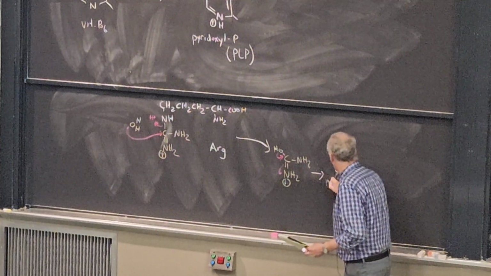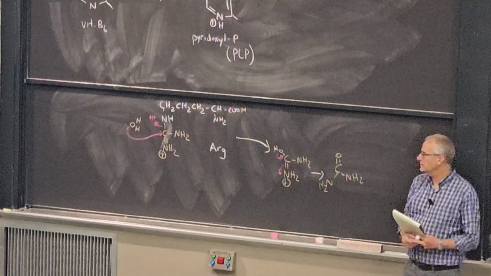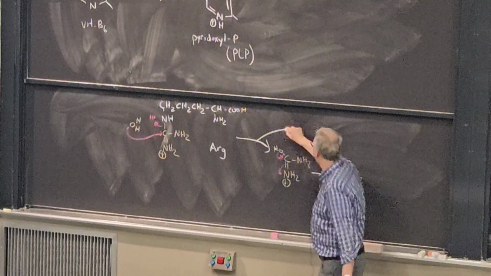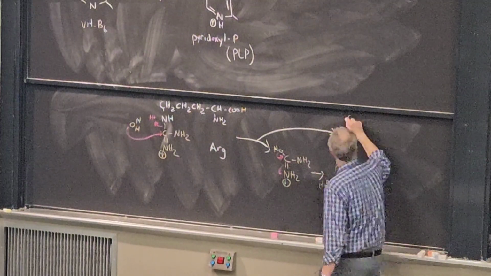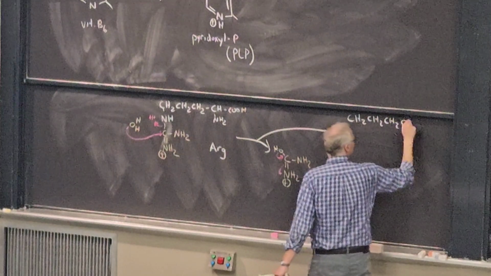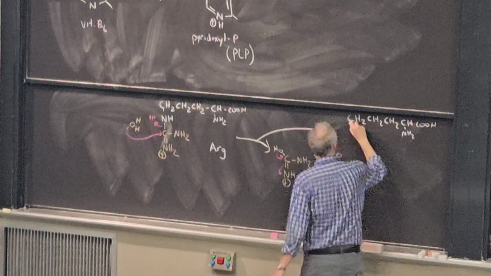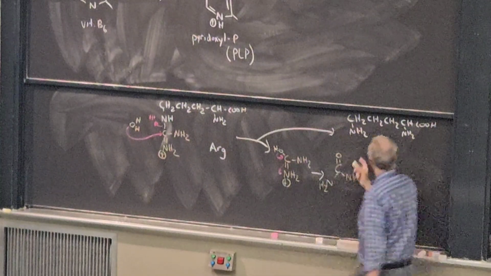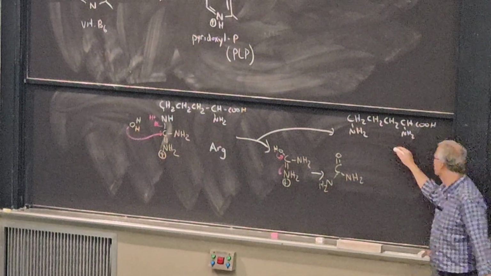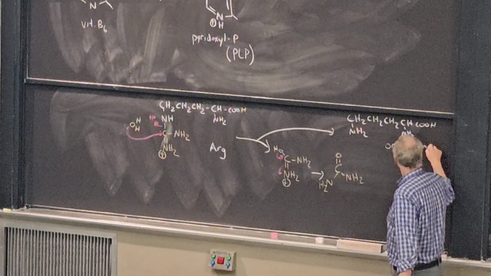So making urea is effectively taking that part of the side chain off of nitrogen, and then what I'm left with is this other amino acid, which is not found in protein. Okay, but if you look at it, it's also an amino acid, it just has a side chain not found in protein. This is the amino acid ornithine.